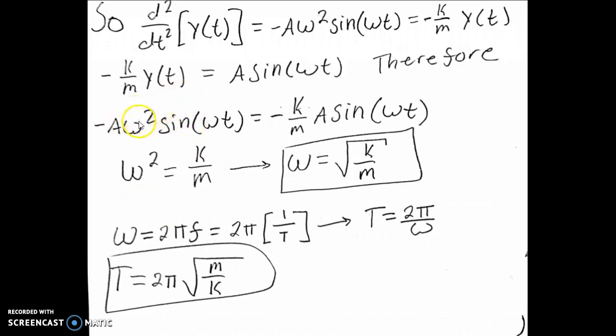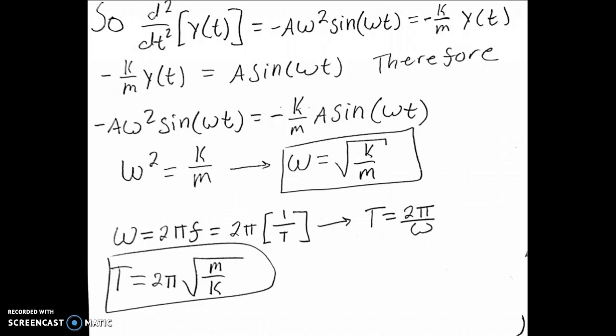So if we took out this omega squared, A sine omega t is just x. This is one of the techniques that you use a lot in physics if you're going to keep going in physics, to find the frequency of a simple harmonic oscillator.